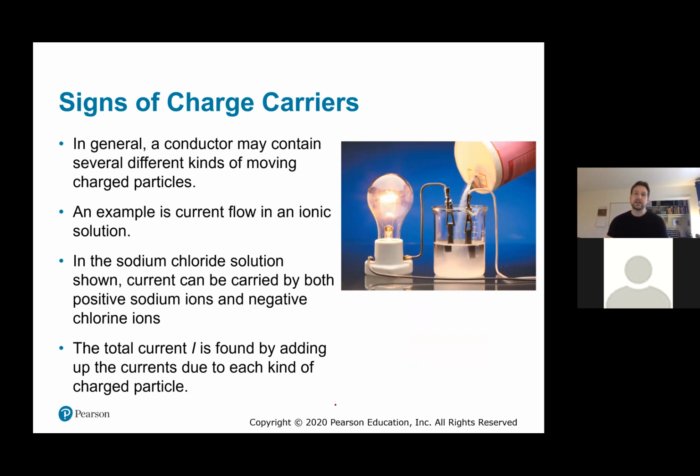Sometimes we have both, right? In an aqueous solution, maybe we have positive and negative charge carriers that are free to move. And we would find the net current by talking about the current of the negative carriers and the positive carriers. It's a little bit weird to think about the current as one way, regardless of what kind of charge it is.